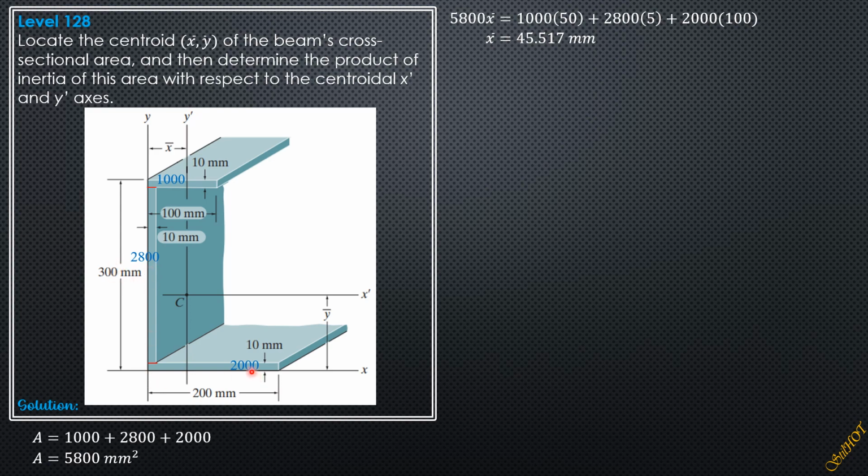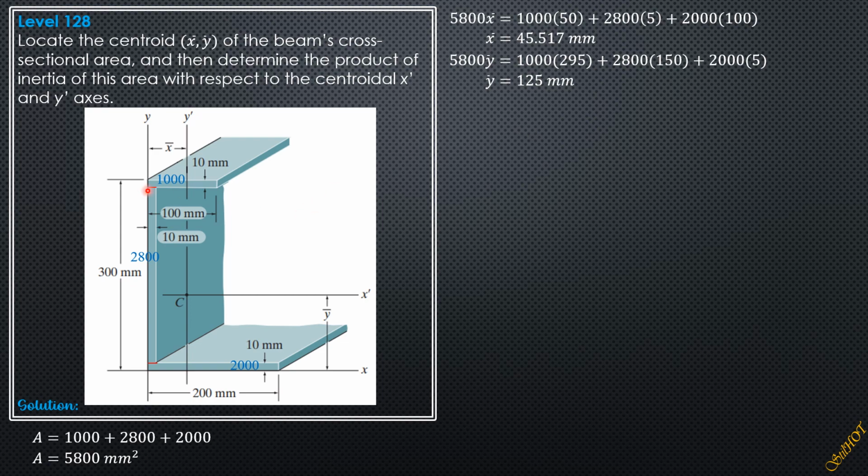And bar y of the 2000 area is 5 mm, half of 10. So 5800 bar y equals 1000 times 295 plus 2800 times 150 plus 2000 times 5. Solving, bar y is equal to 125 mm.